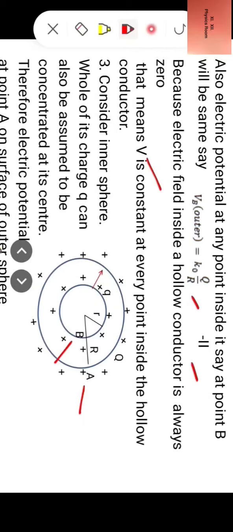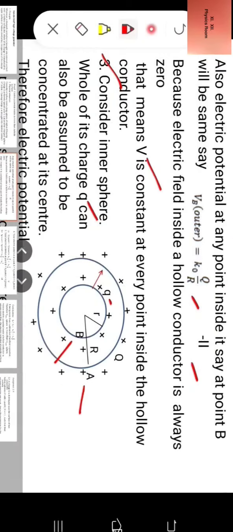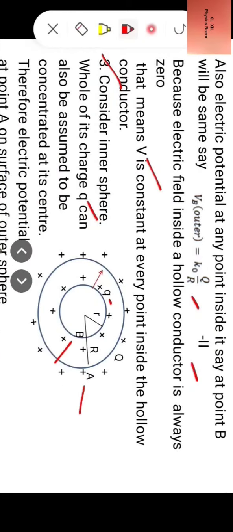Now 3. Consider the inner sphere. Whole of its charge q can also be assumed to be concentrated at its center.